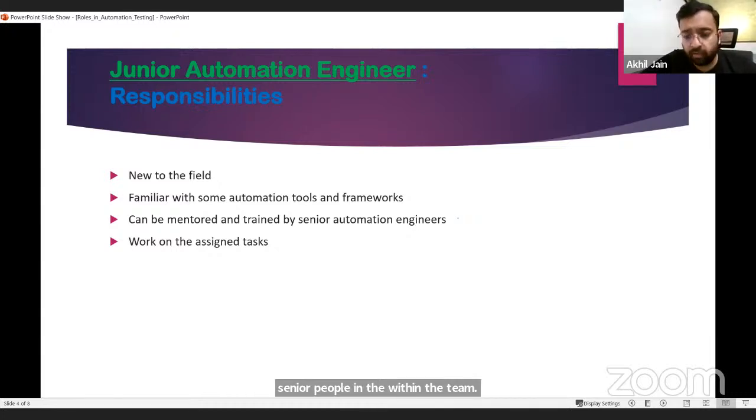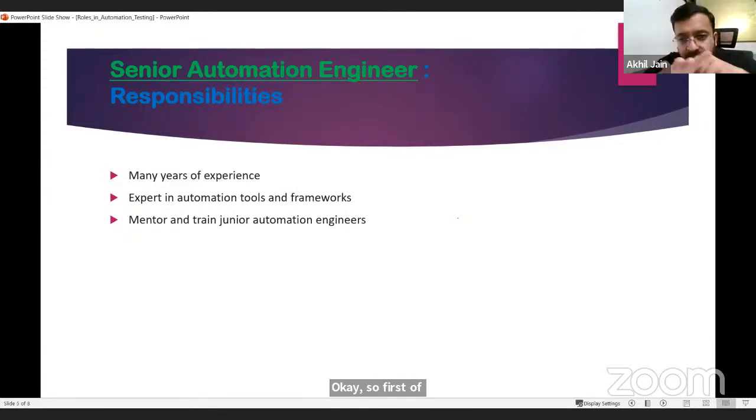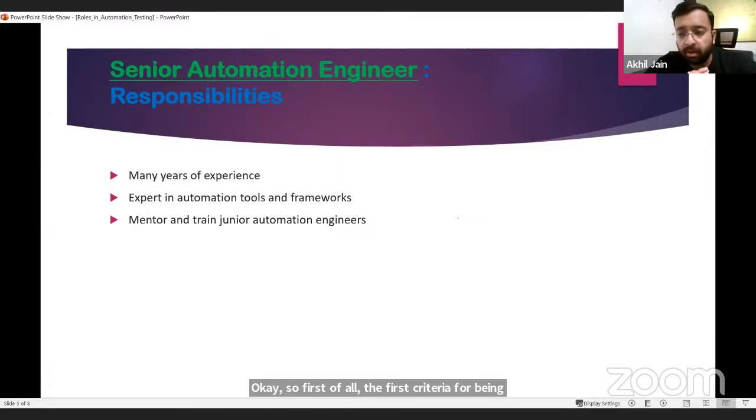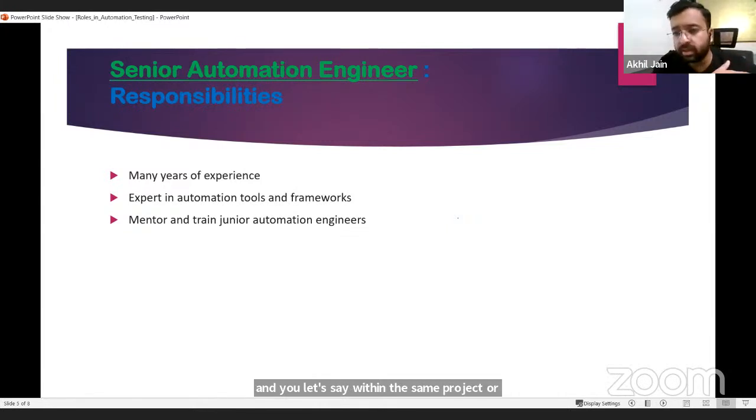Now let's compare this role with a senior engineer, who comes next in line. What are all the responsibilities which that person has to fulfill? First of all, the first criterion of being in this category is that you have some years of experience on the things you're working on. As I said, if your project is using a Java tech stack, you have already implemented or worked on a framework, within the same project or across different projects, and you know how things work.